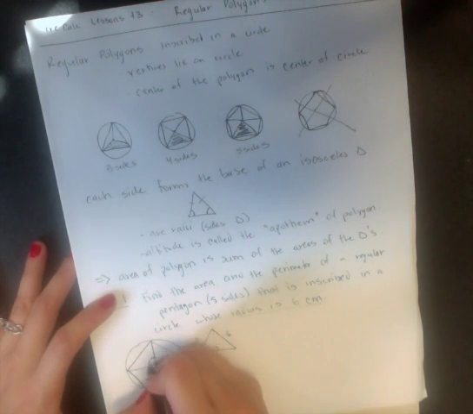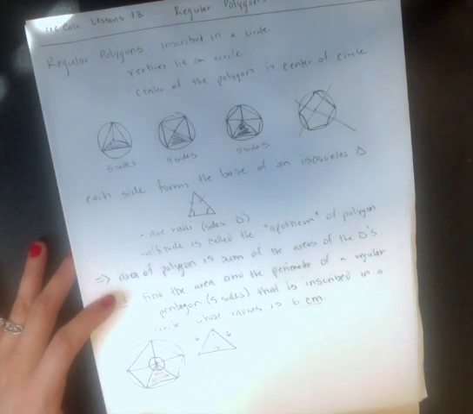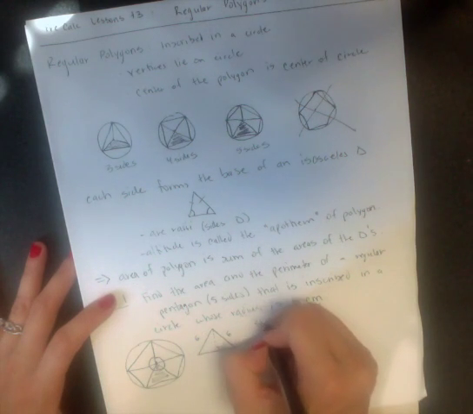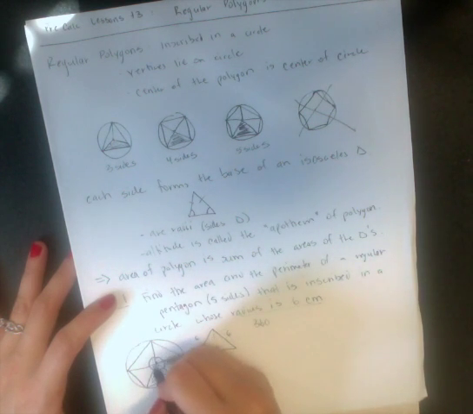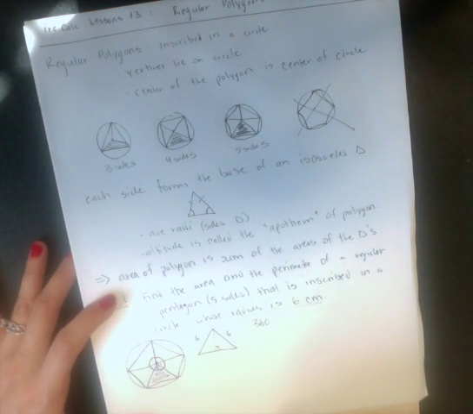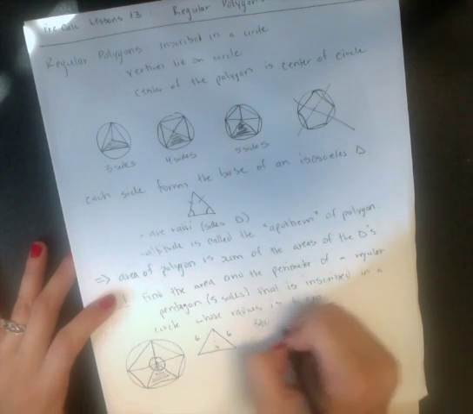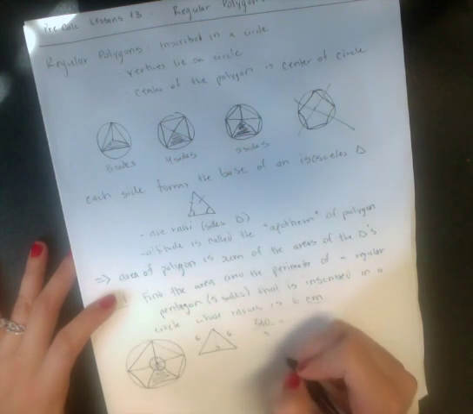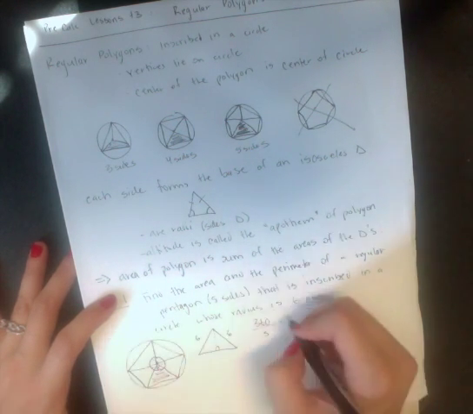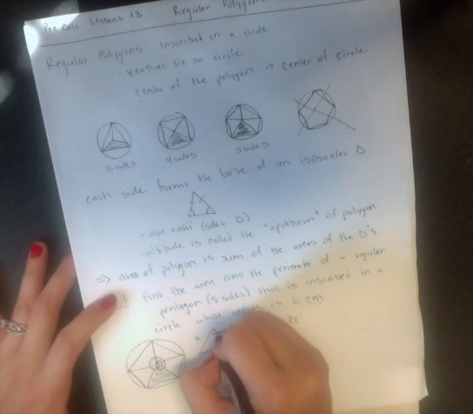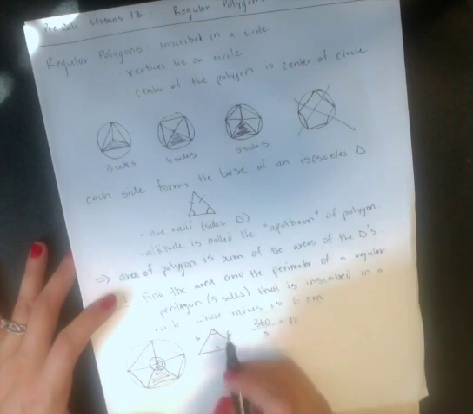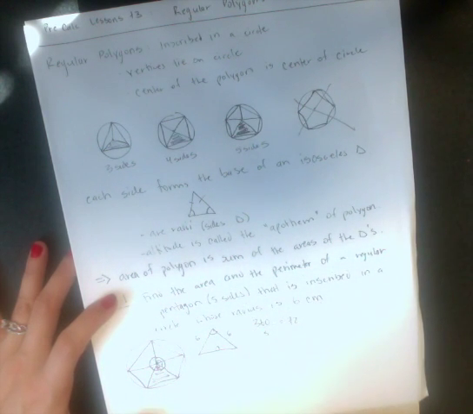If I look at my circle, I know that the full circle is 360 degrees. But I have 1, 2, 3, 4, 5 equal angles that my circle is divided into. So if I do 360 divided by 5, it gives me 72, which is the angle of each of these triangles, which also is that angle right here, that is 72.